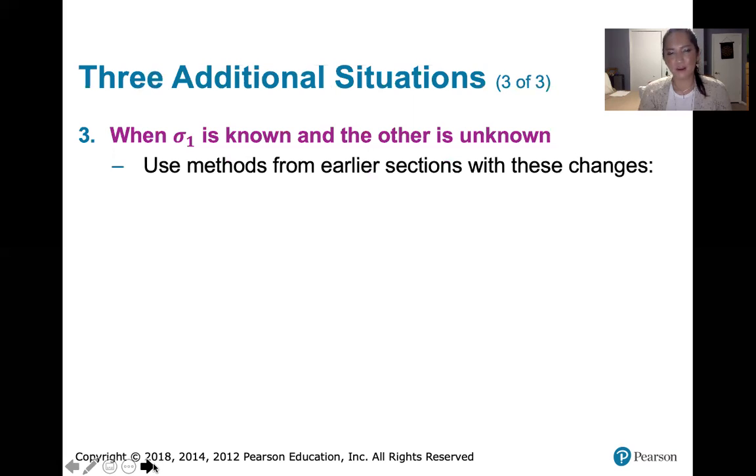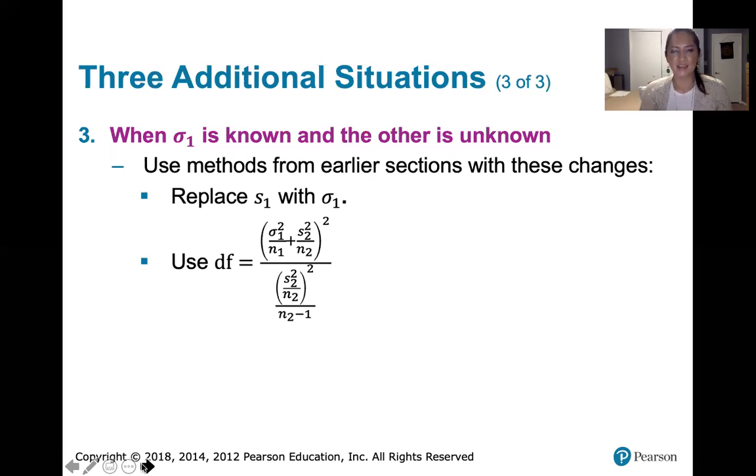And here we're going to do the same thing. We're just going to use the same methods from before, but we're going to make a few changes. If the first population standard deviation is known, rather than using the sample standard deviation, use the population standard deviation, of course. That makes sense. And then the number of degrees of freedom is given by this formula rather than any of the other formulas that we've discussed.